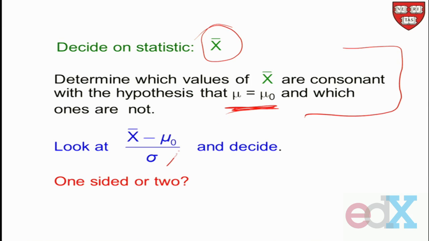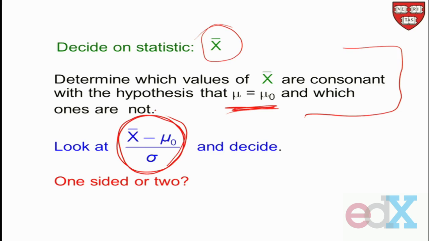Or another way of stating that is look at the standardized variable, which is the sample mean minus the hypothesized population mean, divided by the appropriate standard deviation, which in this case would be the standard error. So it's the population sigma divided by the square root of n.